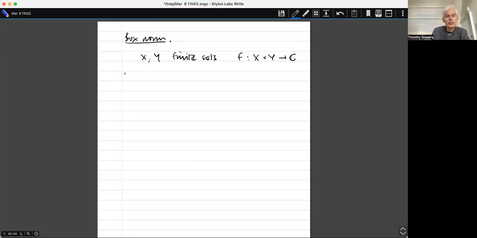Then we define the box norm of f by the formula: the box norm to the 4 equals the average over all x, x dashed, y and y dashed of fxy, fxy dashed, fx dashed y, fx dashed y dashed, and we put complex conjugates over the ones where we've got an odd number of dashes.